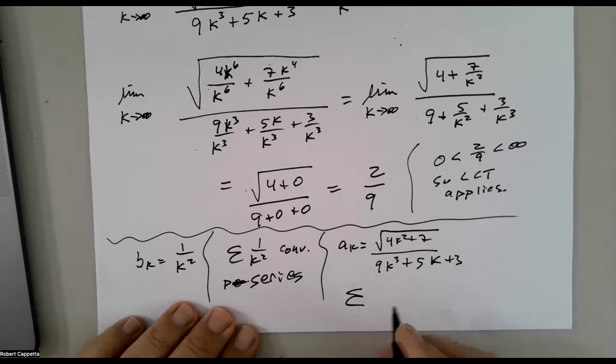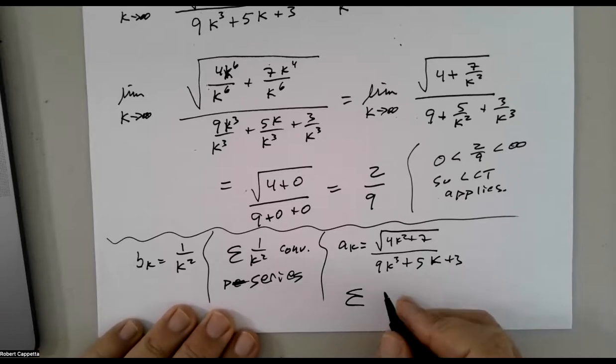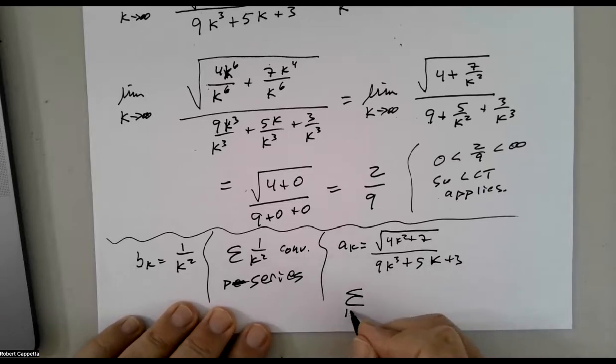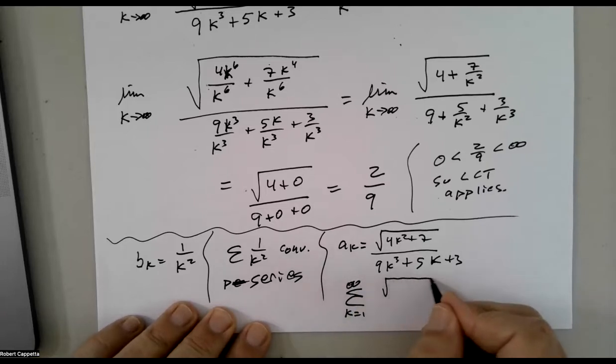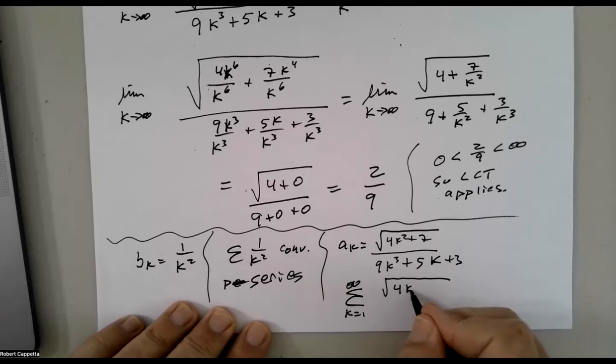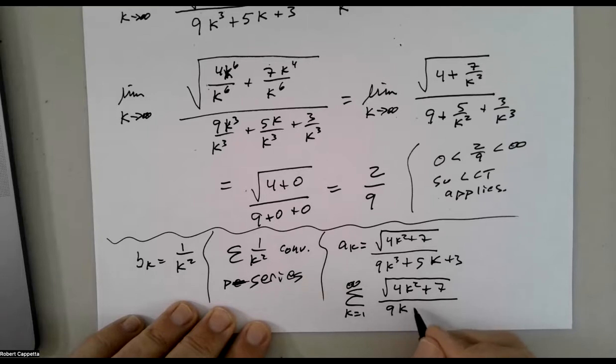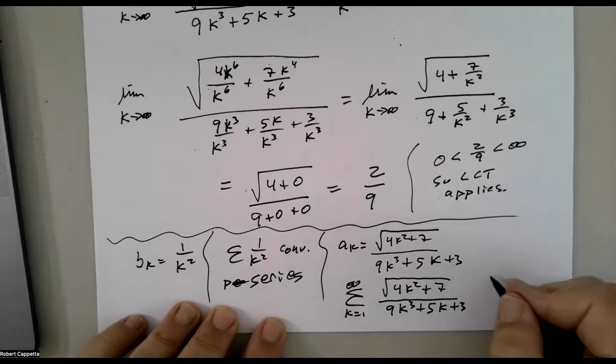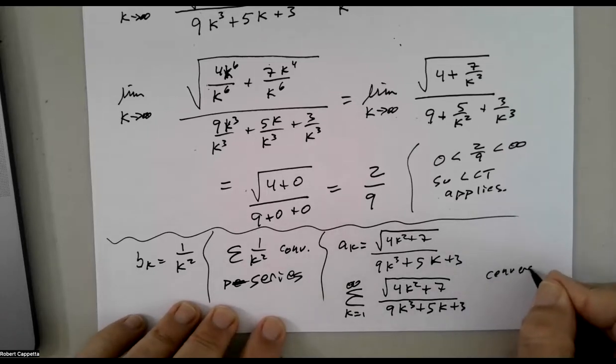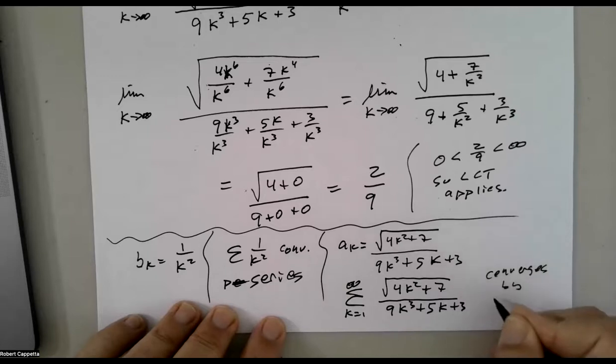So the conclusion is that the sum as k went from 1 to infinity of the square root of 4k squared plus 7 over 9k cubed plus 5k plus 3 converges by what test? Converges by limit comparison test.